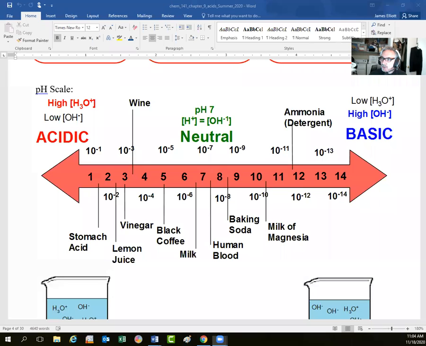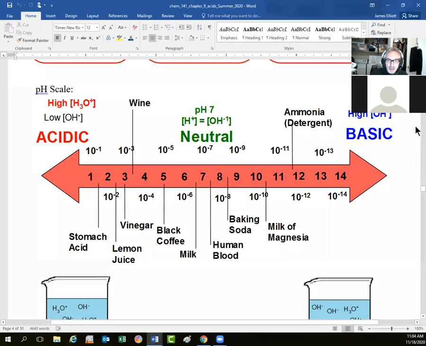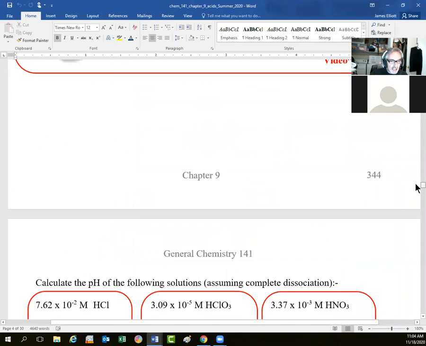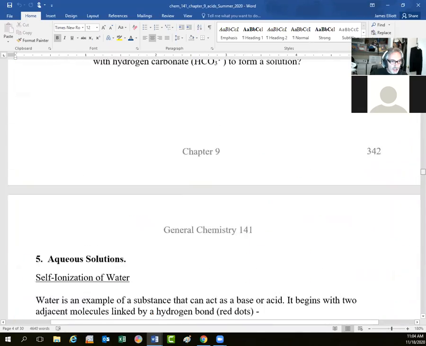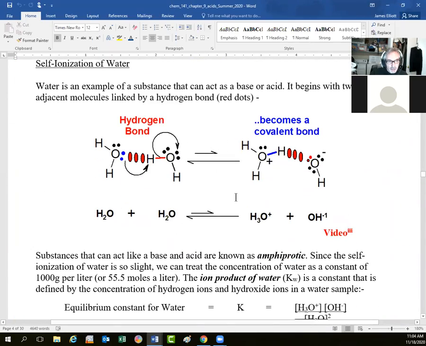So we were talking about these aqueous solutions that contained a small number of hydronium ions and hydroxide ions because of that self-ionization of water, which we had looked at to give the ion product. We had said that molecules of water can act as a base or an acid and exchange a proton to produce these hydronium ions and hydroxide ions.